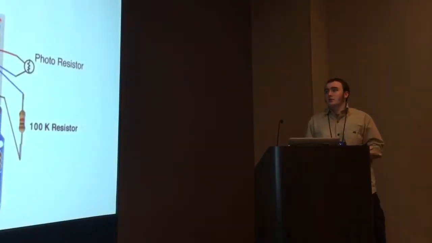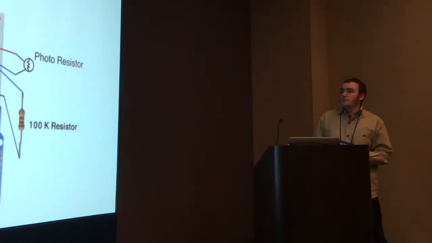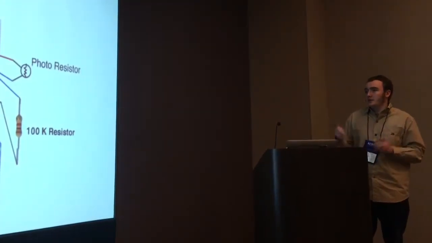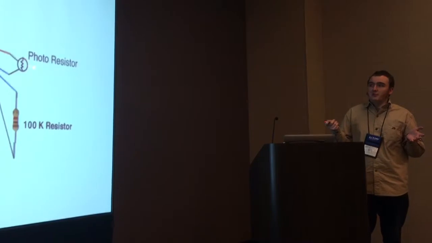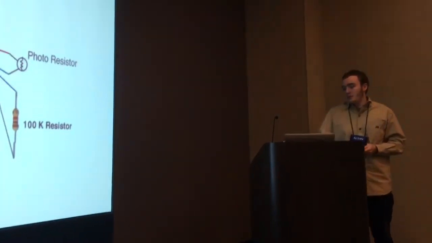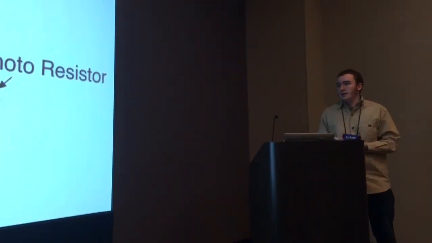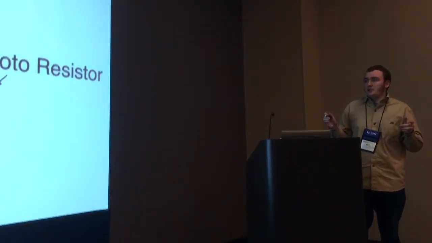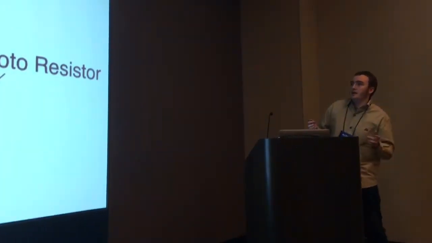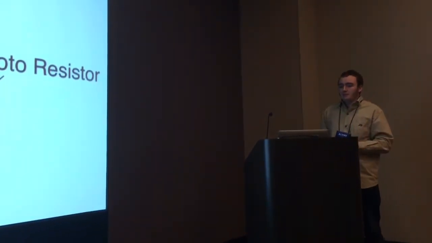Here's a diagram of our receiving Arduino. What this does is measure the change in the voltage on the photoresistor and feed it to analog pin A0.